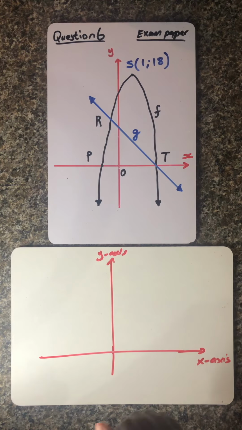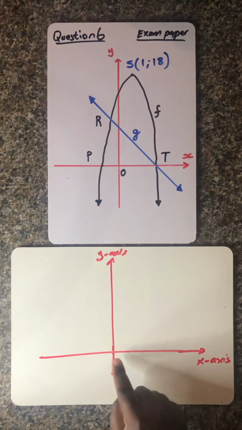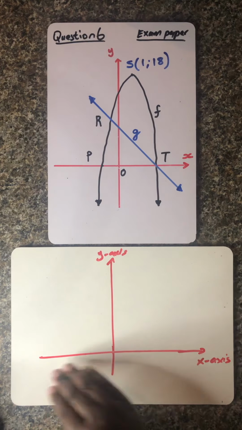Okay, so when you get to tertiary level, or when you get to universities, college, or wherever, that's where you'll have three axes, being the x-axis, the y-axis, and the z-axis. Okay, so just bear in mind that at this stage you're only focusing on two axes, namely x and y.